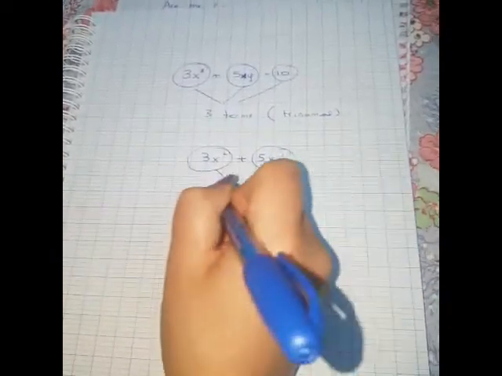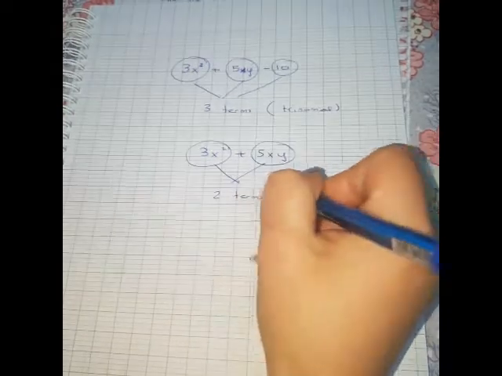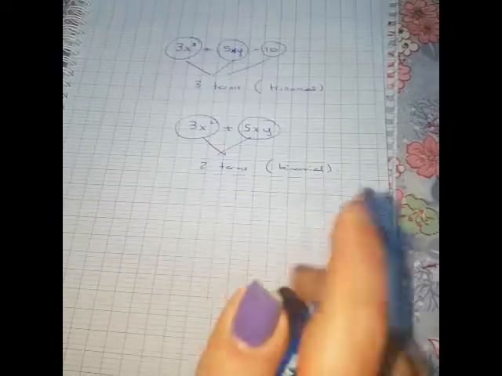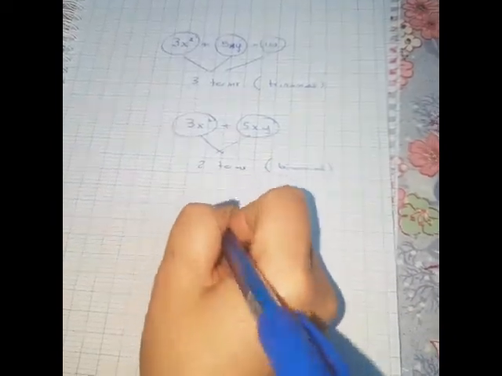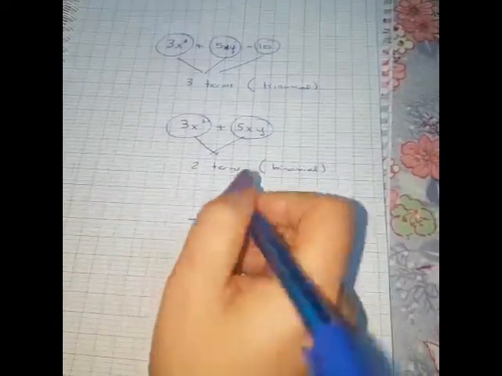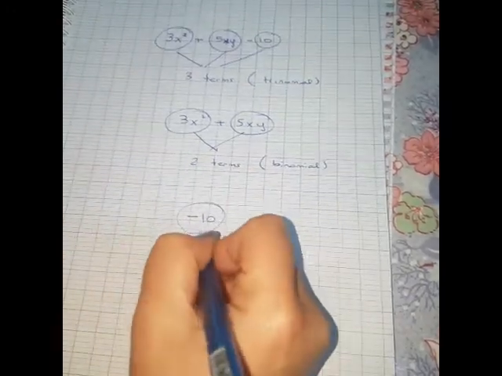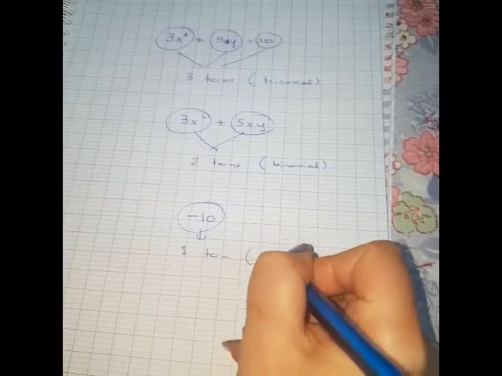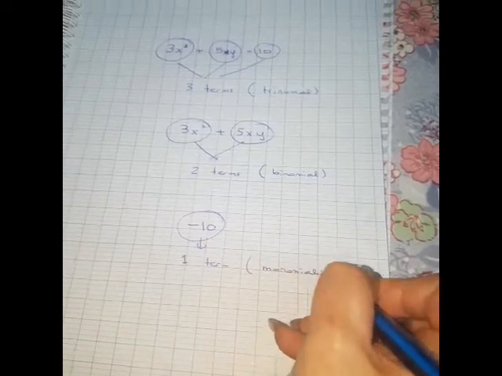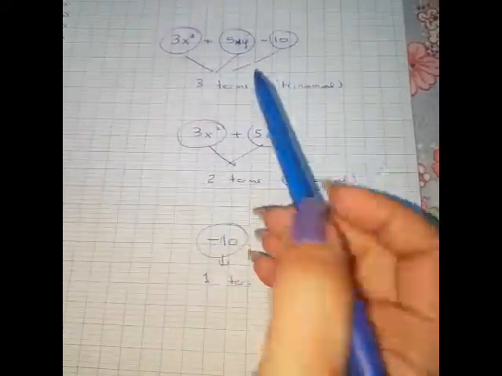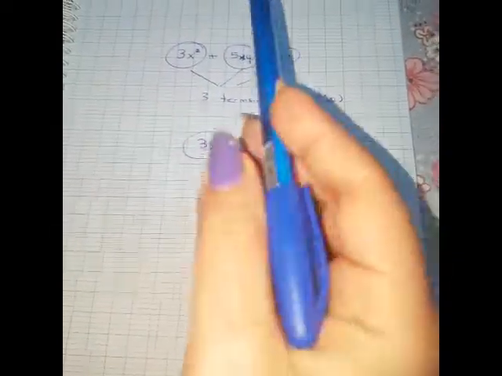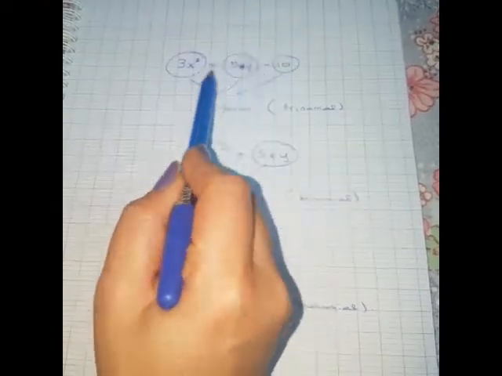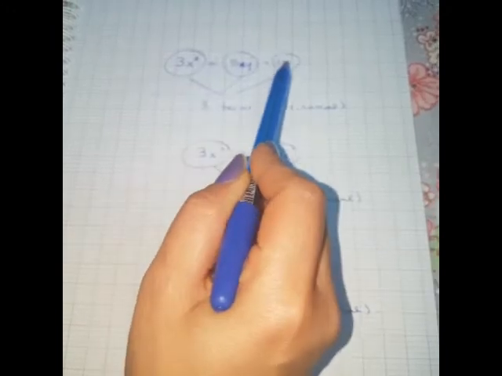It's made up of two terms, so it is called a binomial. And then if I say negative 10, how many terms do I have? Just one. So this is made up of one term. It is called a monomial. I can know how many terms from the plus and minus signs. These separate my terms, so I can tell how many terms there are.